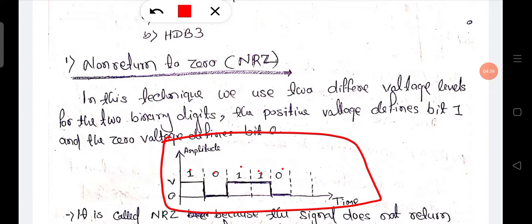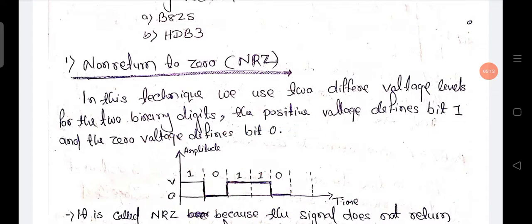So, due to 1 it is positive, and due to the next 1 it stays positive. Then due to 0 it is going down to 0 level. Okay.